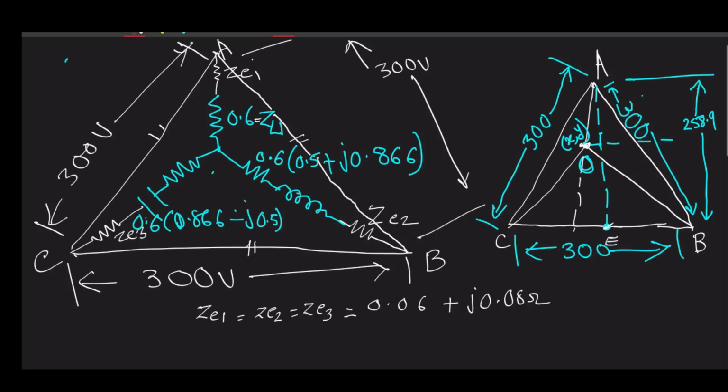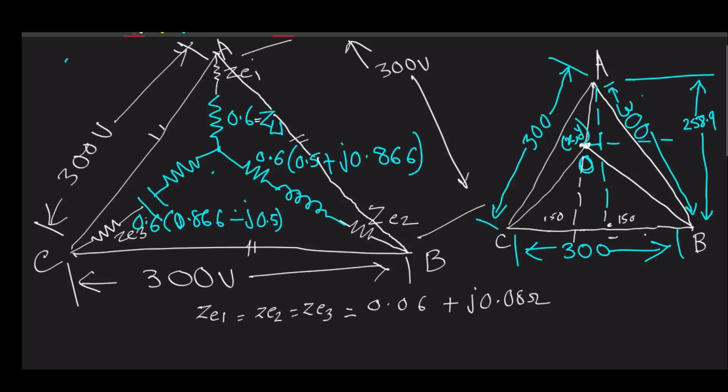Now here this magnitude is how much? This is 300 minus... if you consider this total is 300, then this length is 150 on both sides.